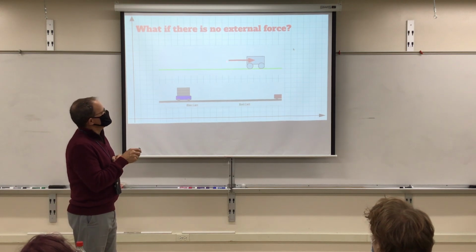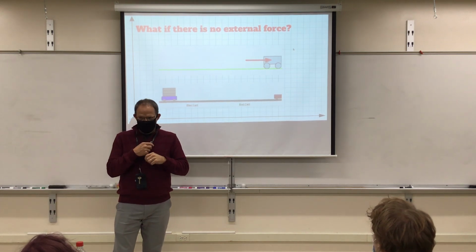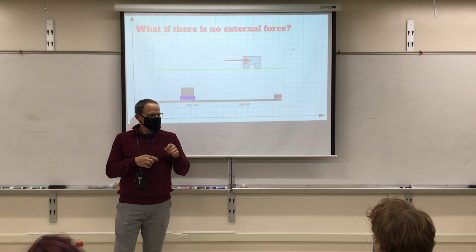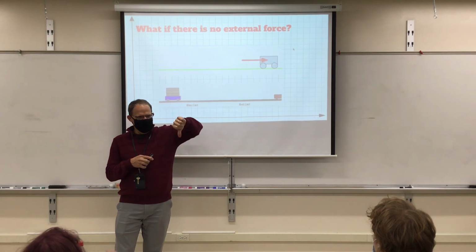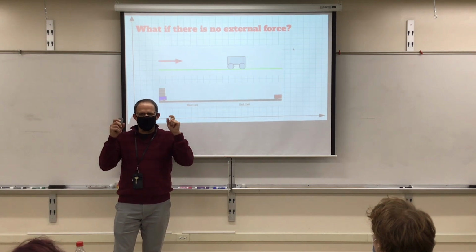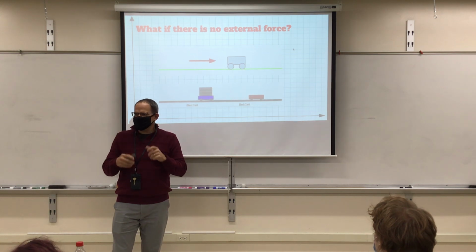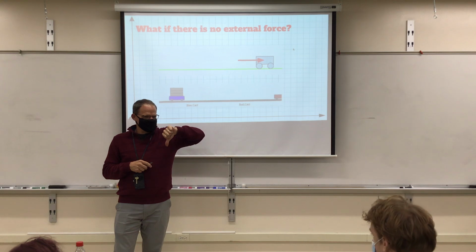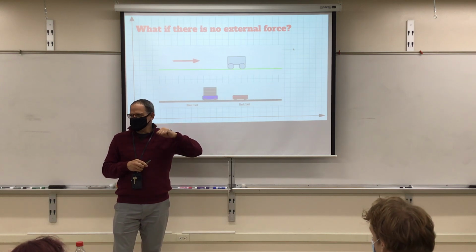Now, if you look at just the arrow, is there a force on the arrow during the collision? No. Yes or no? Is there a force on the arrow during the collision? No. Go ahead, everybody's got to vote. So, does the arrow change speed?